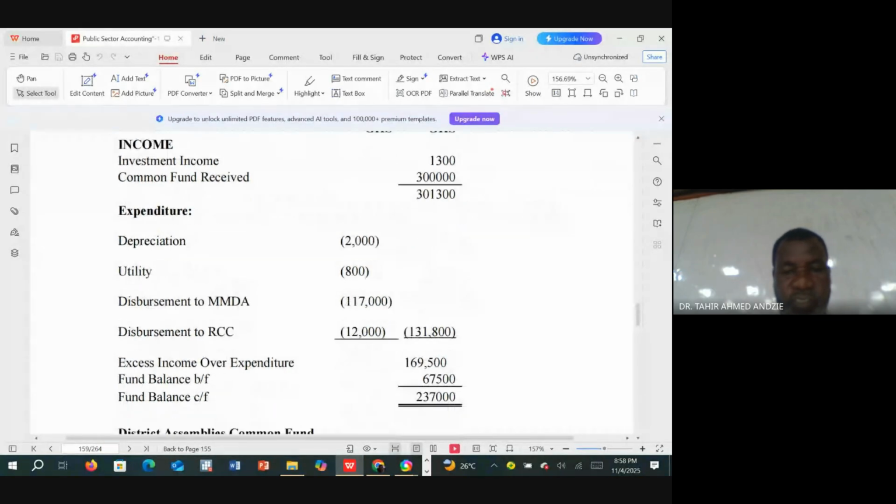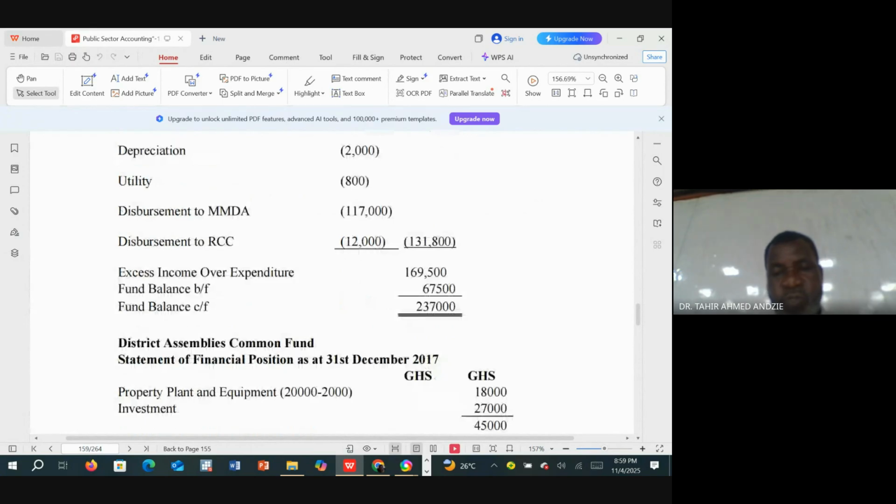Then you have utility, 2,000. Then disbursement to MDAs, total of it will be an expense. Then disbursement to the RCC, total of it will be an expense. So you take this from the amount we have as income. You have excess of income over expenditure. Then the balance you have at the beginning, that is the opening balance, you add, you have the closing balance of that. Any difficulty with the solution?